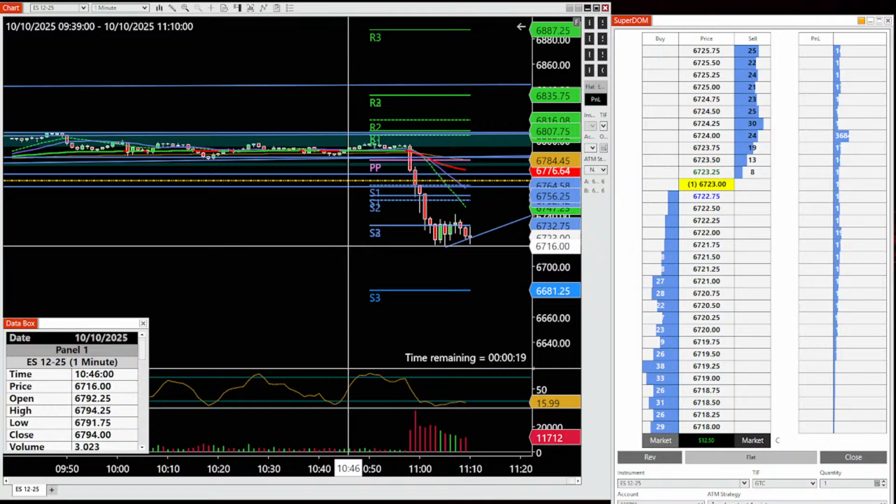Do we get a double bottom here? We're down almost 60 points.